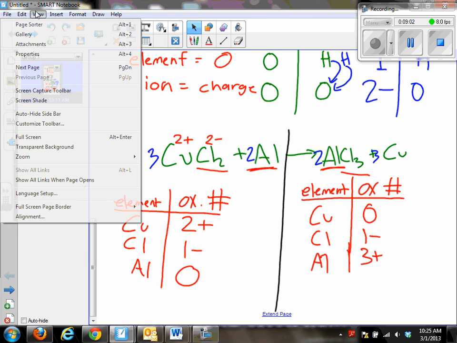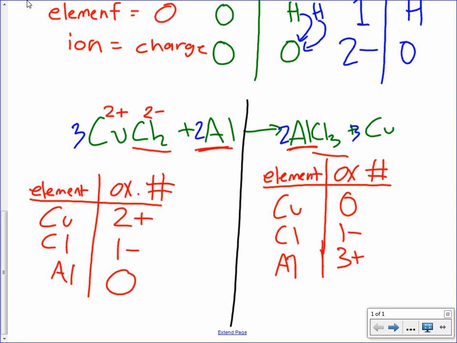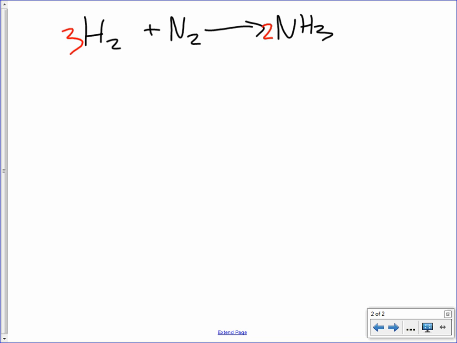So now I want to talk about redox reactions. We've learned how to identify the oxidation state. Now let's talk about the reactions. So anytime you have a reaction, let's look at a simple synthesis here. So we're going to do hydrogen and nitrogen form ammonia. Okay, so there's our reaction. All right.